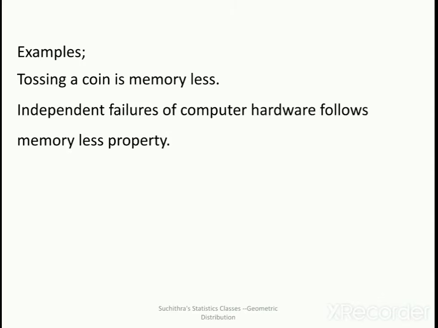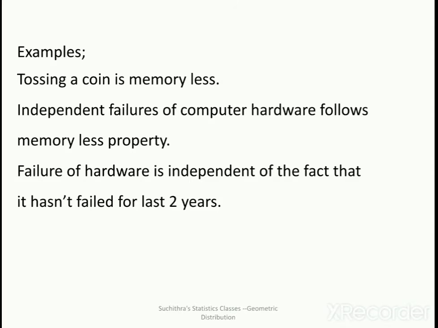Some examples: tossing a coin is memoryless. Independent failures of computer hardware follow the memoryless property. Failure of hardware is independent of the fact that it hasn't failed for the last 2 years.